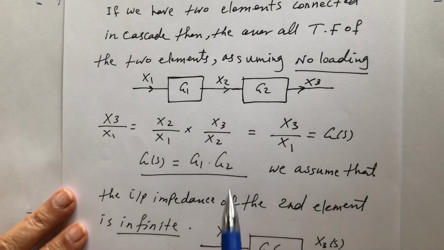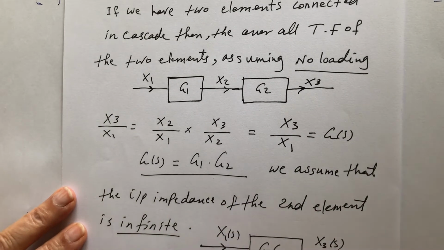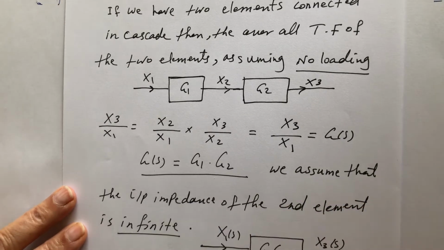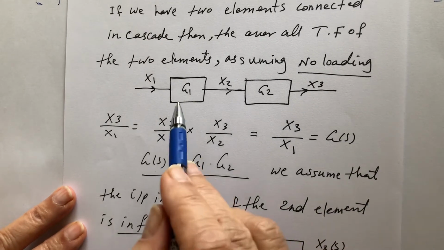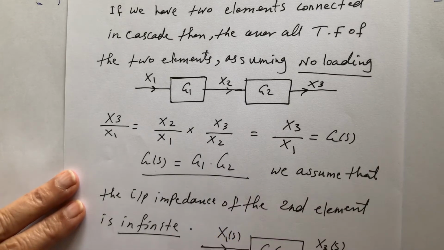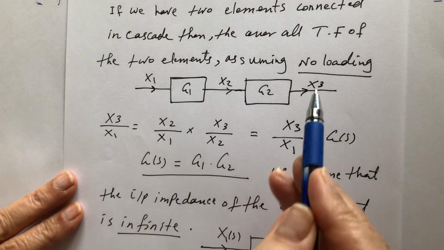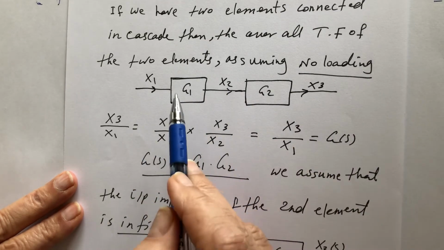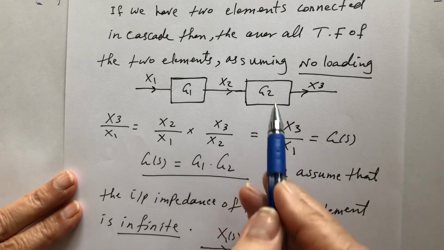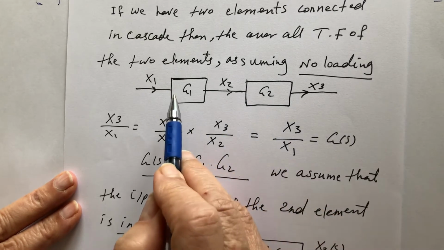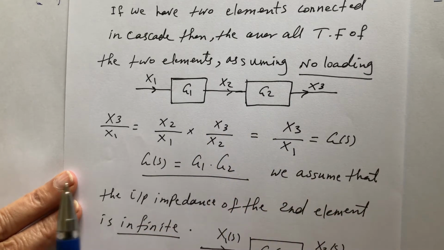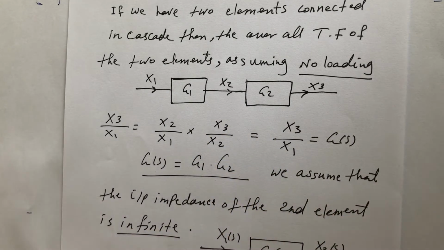So if you have two transfer functions in cascade, then the total transfer function equals G1 G2, provided that there is no loading from this onto this one. I'll remind you of something similar.